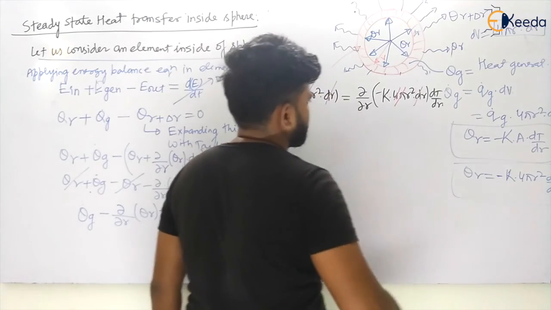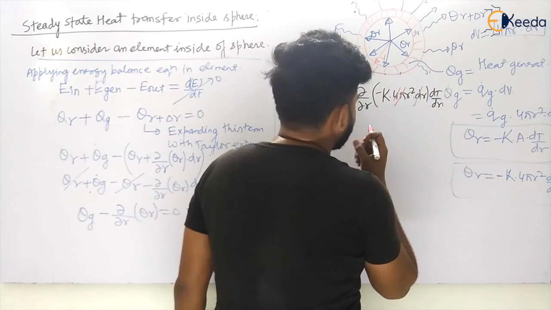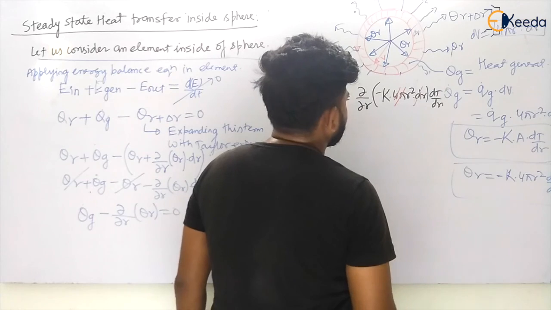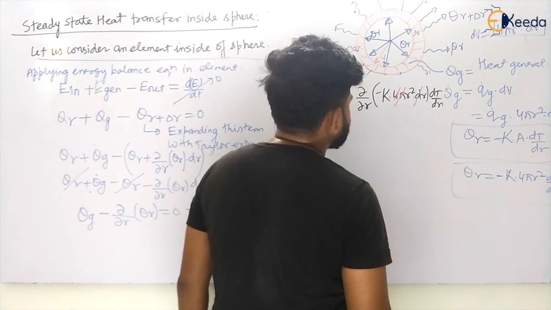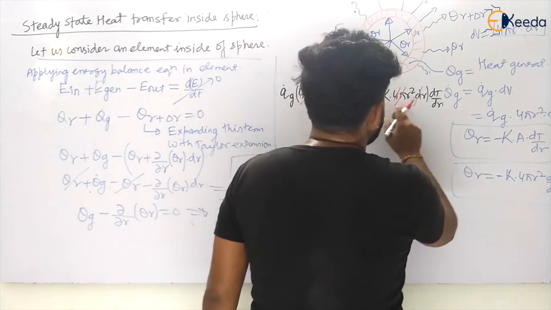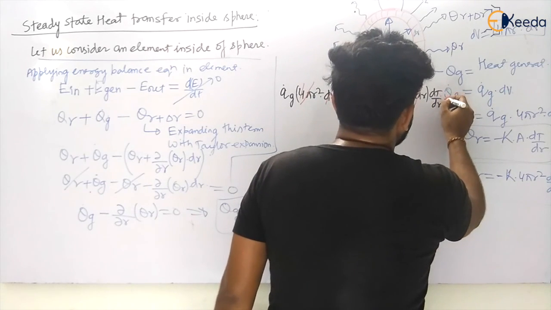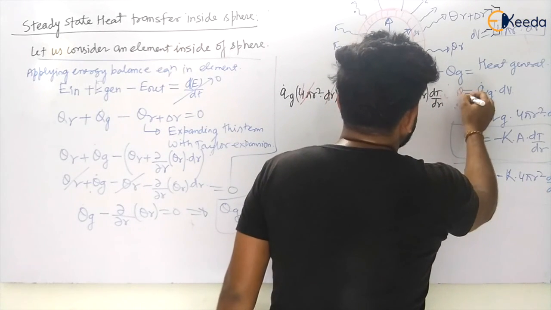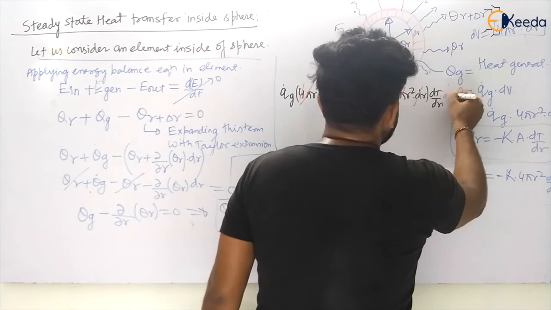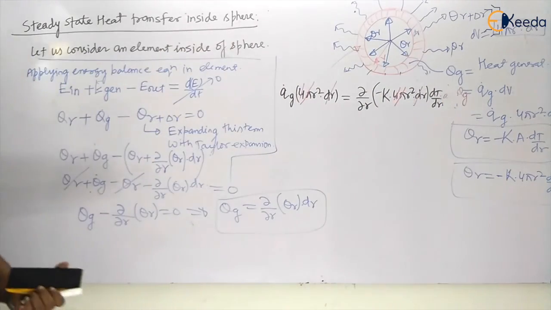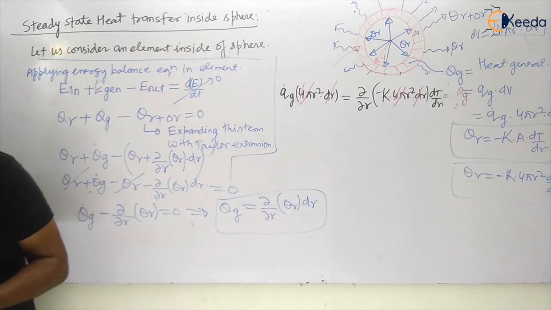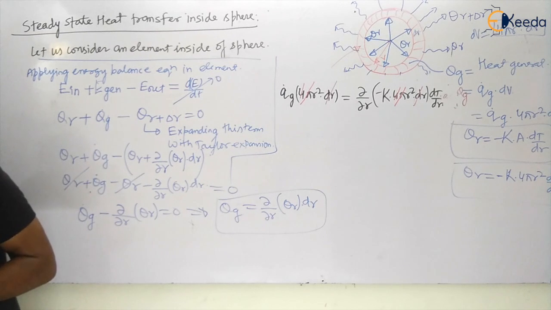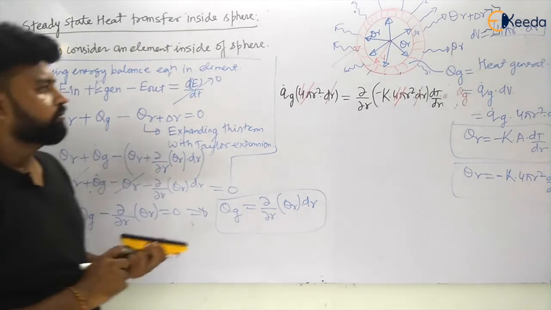So dr is outside, and 4 pi r square dr I can cancel. So we can cancel all these terms, and after cancelling them, let us see what I will have.